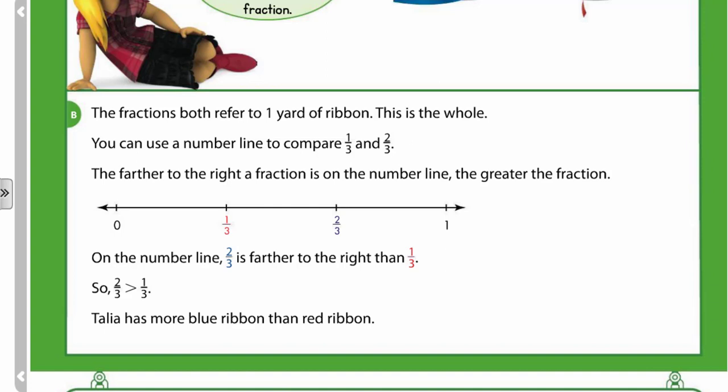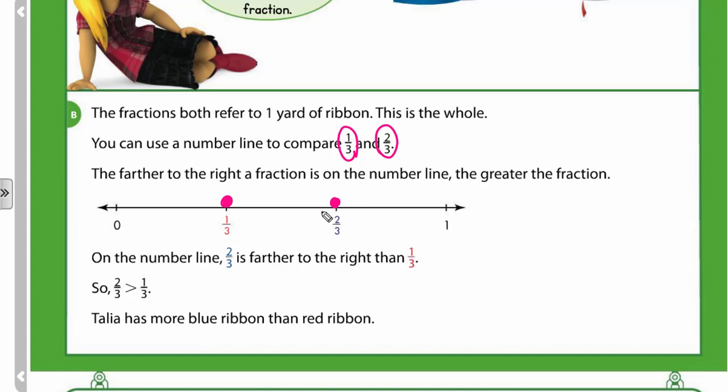Okay, now erase all this, and let's see. We know already how to draw the number line and how to use it, but how to compare two fractions? This is 1/3 and this is 2/3. Now this part is very easy. The fraction to the right on the number line is greater, is bigger, is more.